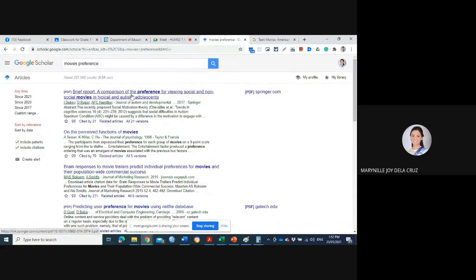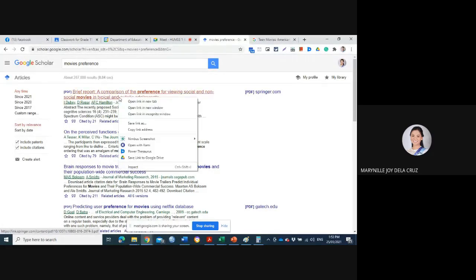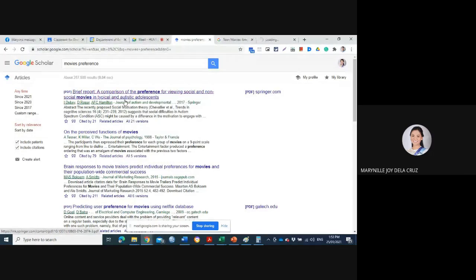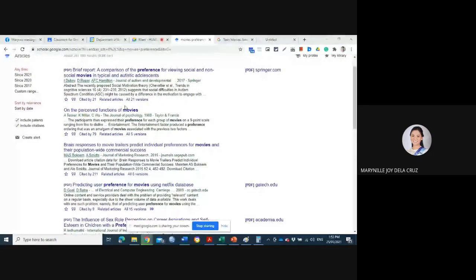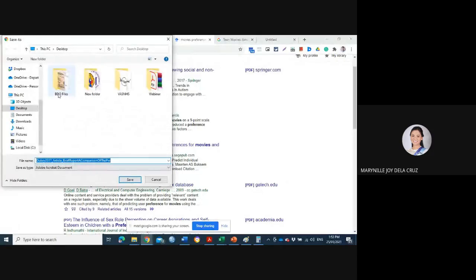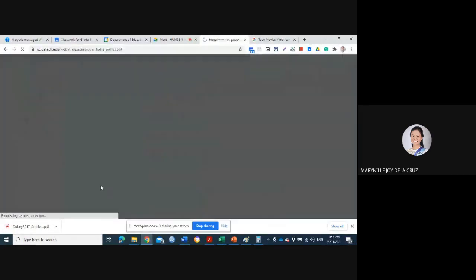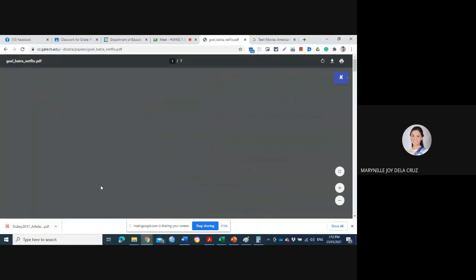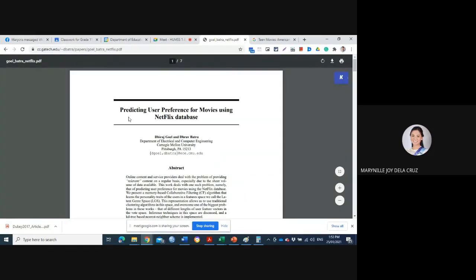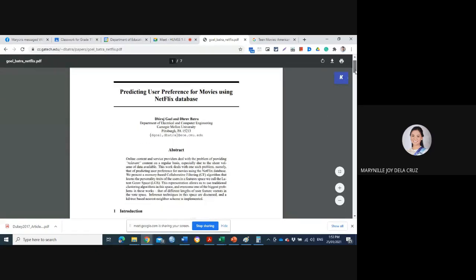A brief comparison of the preference of viewing social and non-social movies in typical autistic adolescents. This can also work, on perceived functions of movies. Okay, like for example, this. Predicting user preference for movies using Netflix database.